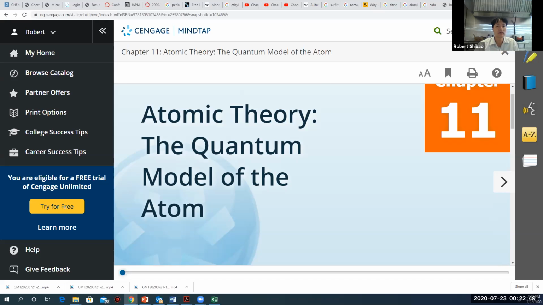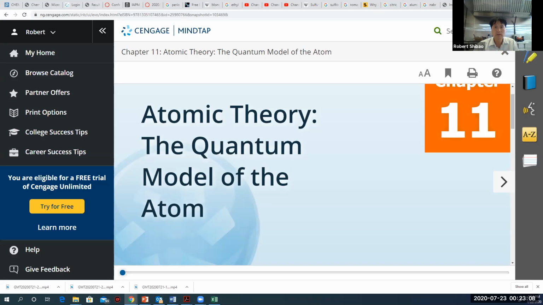People believe in atoms now; there's plenty of proof for that. But we need to understand atomic theory more in depth, and this is part of atomic theory, which is pretty much the theory of chemistry.